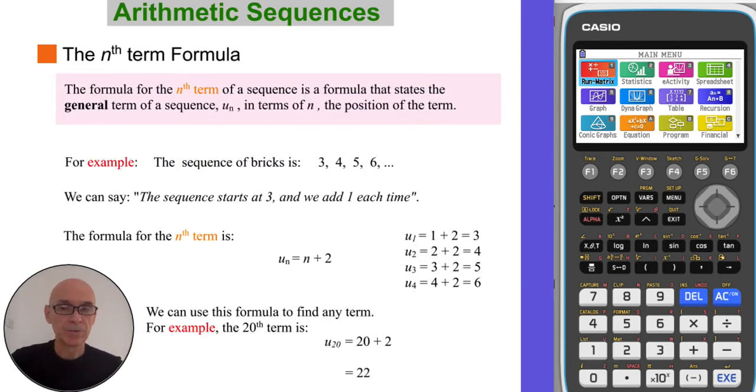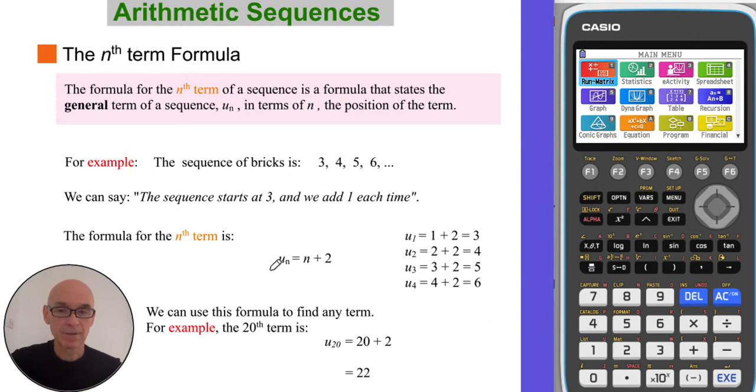The formula for the nth term of a sequence is a formula that states the general term of the sequence, un, in terms of n, the position of that term. For example, here the sequence starts with 3 and we add 1 each time, and the formula for the nth term is equal to n plus 2, as can be verified by these calculations shown here.